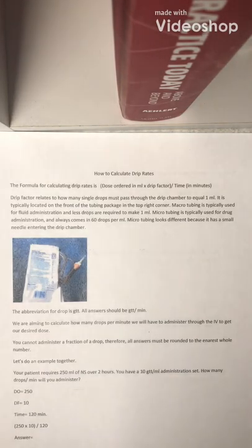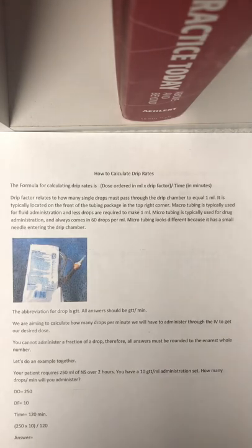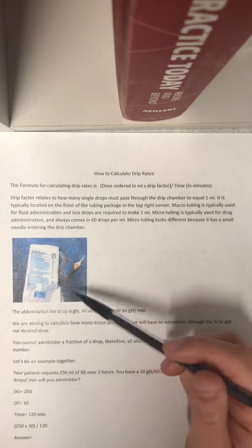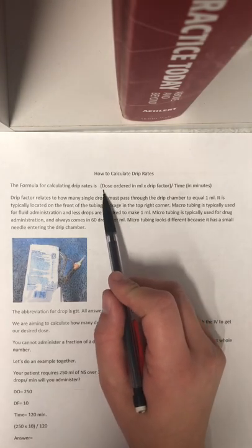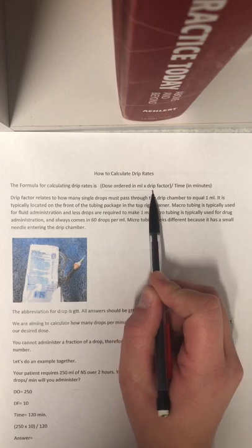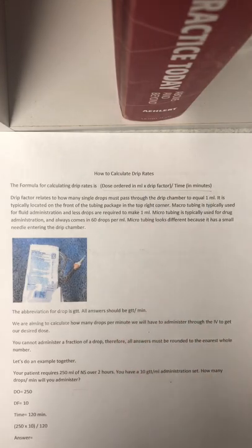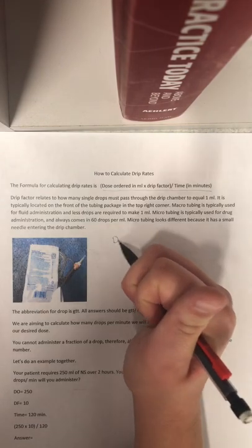Now we're going to discuss the math portion for figuring out drip rates. So if you could pull out your handout that has the picture on the front of it, I've given you the formula right up here. It's dose ordered in mLs times your drip factor over time in minutes. So I'll rewrite that out here.